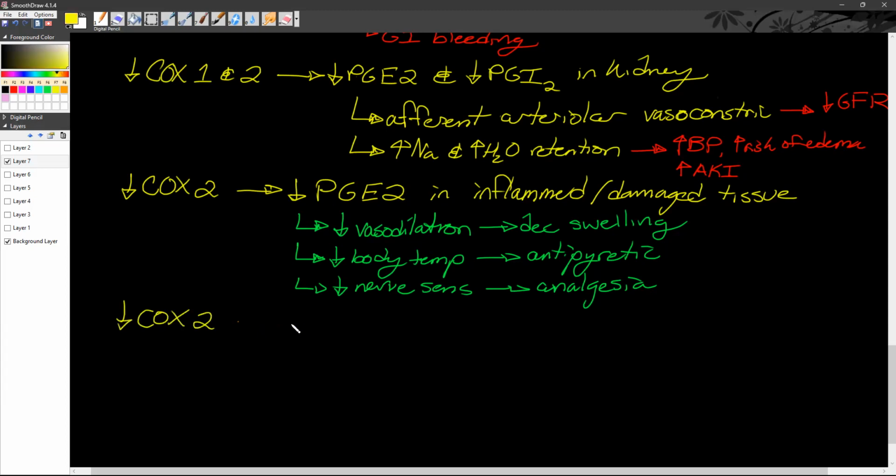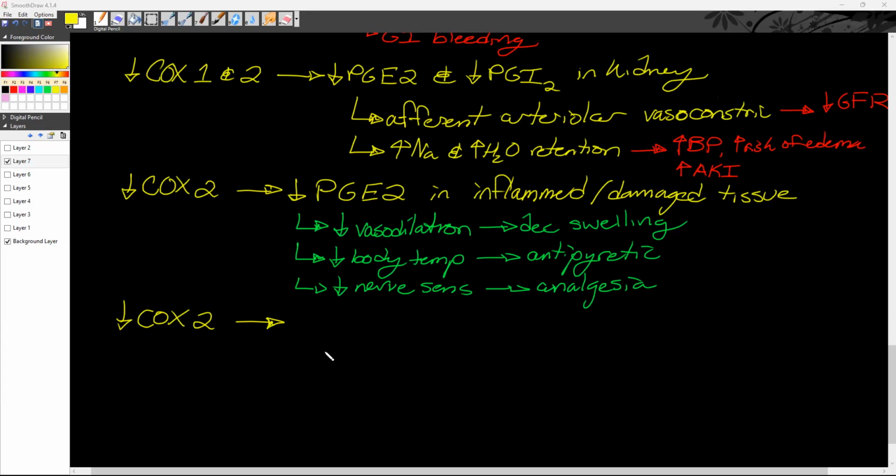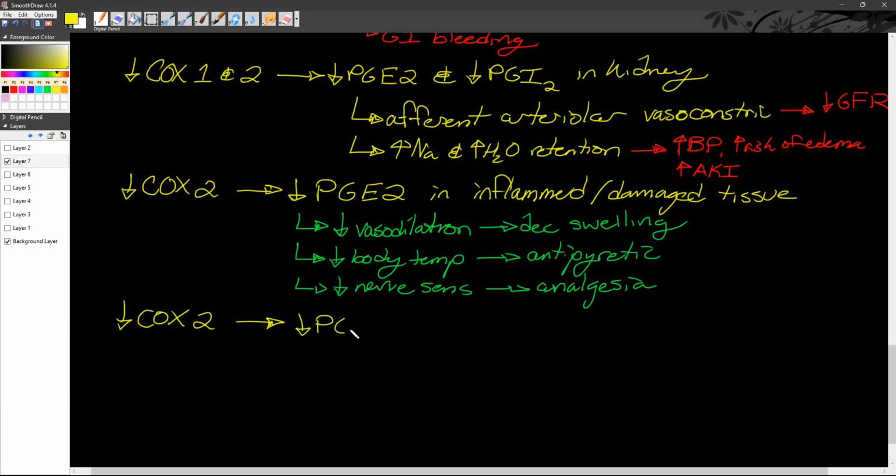By decreasing the action of COX-2, which again, all NSAIDs, the majority of them are non-selective, and then celecoxib is COX-2 selective, one of the effects that we see is that by decreasing PGI2 in the vasculature, this actually increases platelet aggregation.